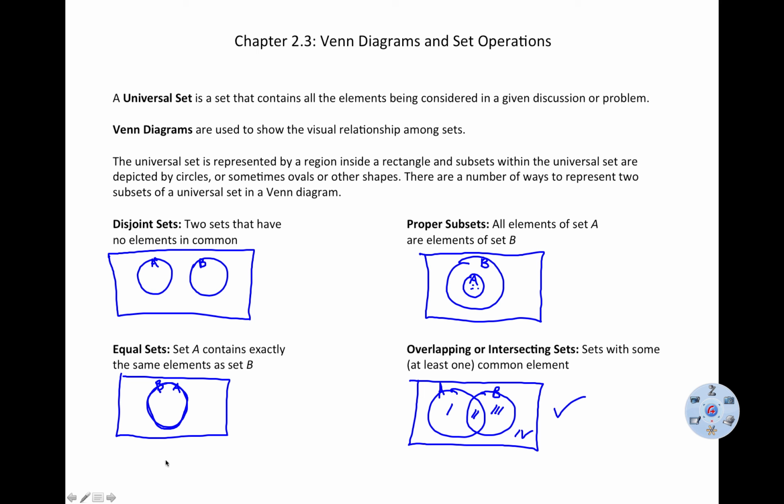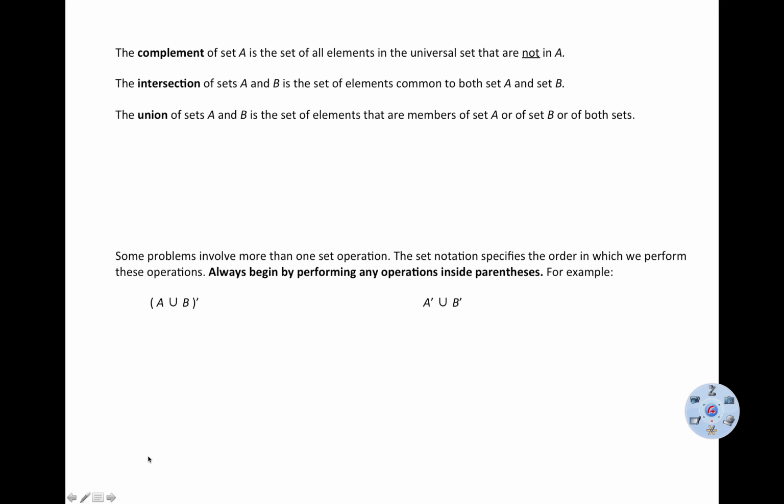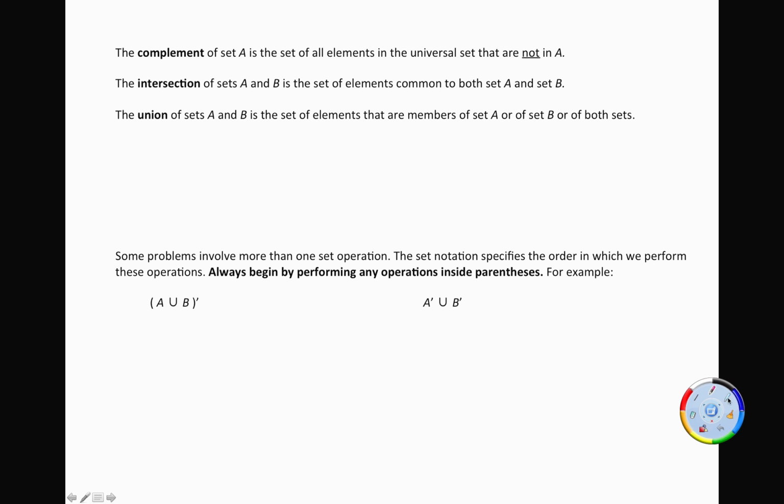Okay, so more Venn diagrams. The complement of set A is the set of all elements in the universal set that are not in A. For example, if I wanted to represent that with a Venn diagram, since we're just talking about one set here, this shaded region out here would be the complement of A, right?